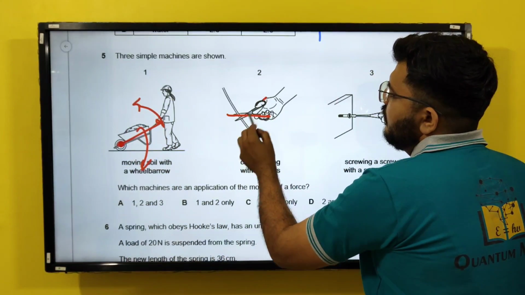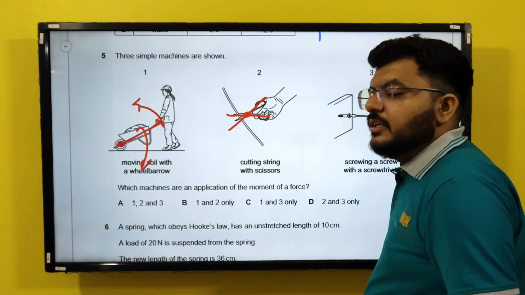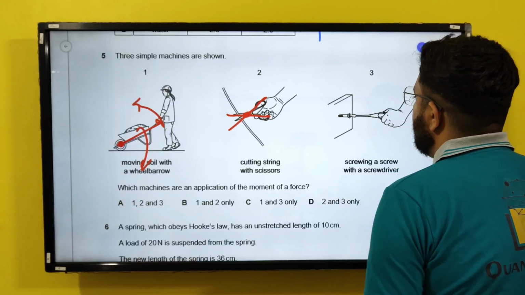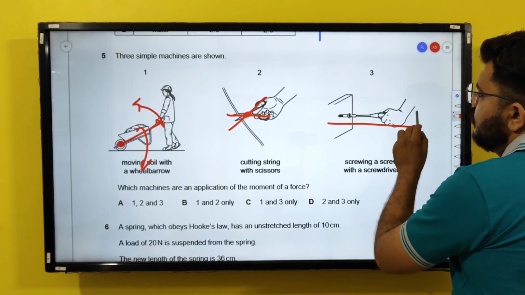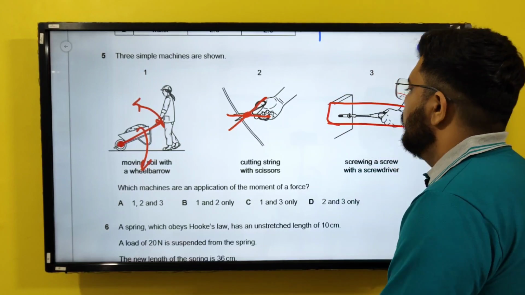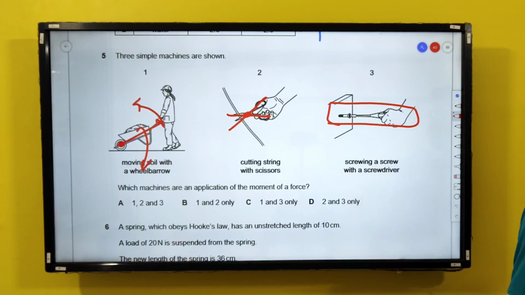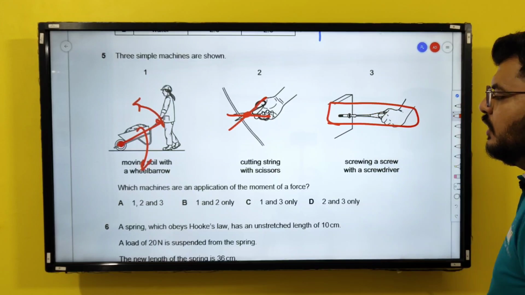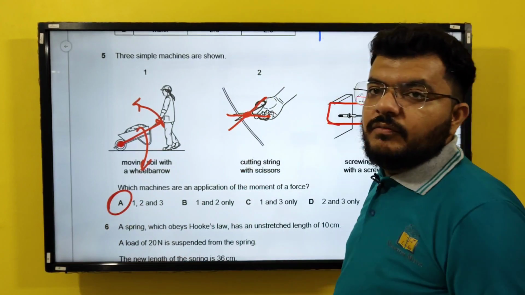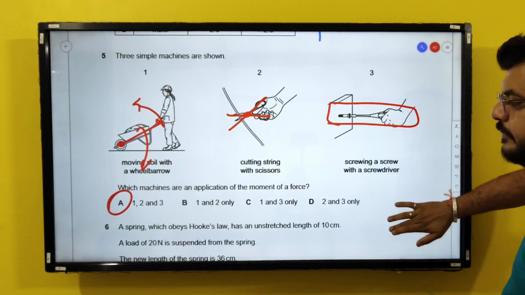Here we take advantage known as mechanical advantage, and in this what are we doing? We are using torque to tighten this screw, which is taking advantage of the force, multiplying it with the distance. So in all 3 of them moment of force is useful. So your answer is option A, 1, 2 and 3.